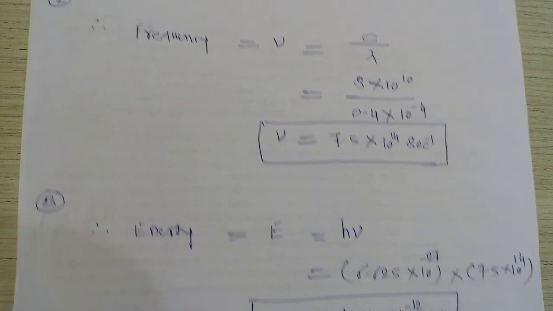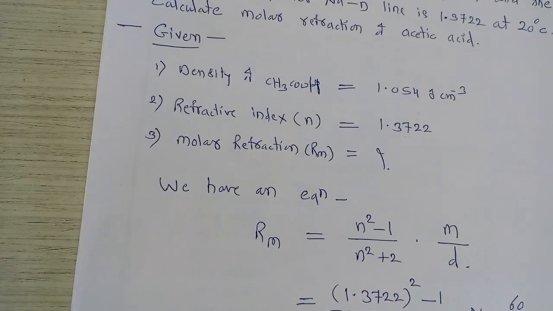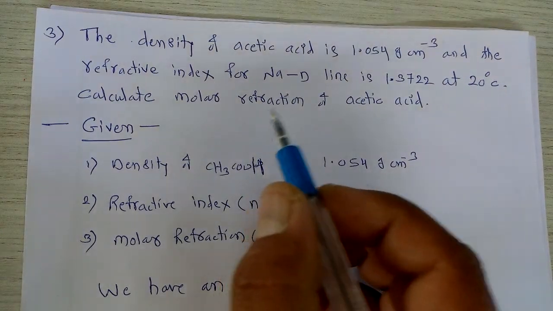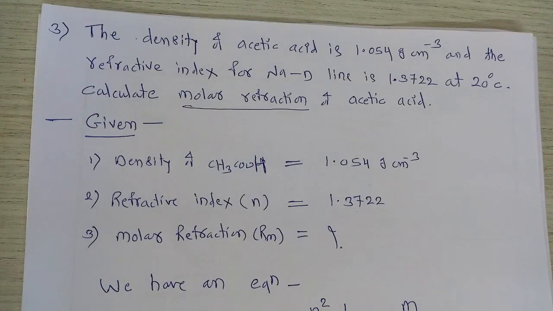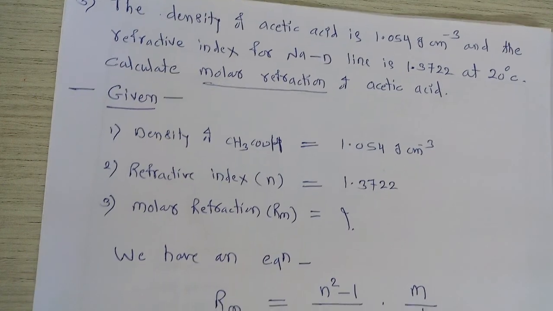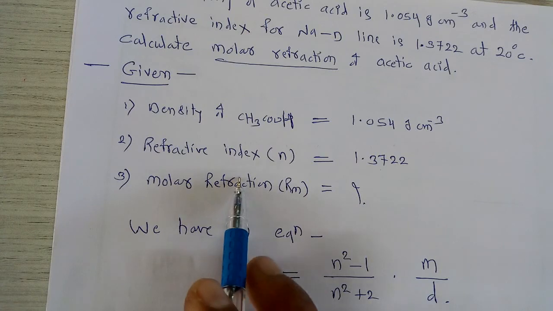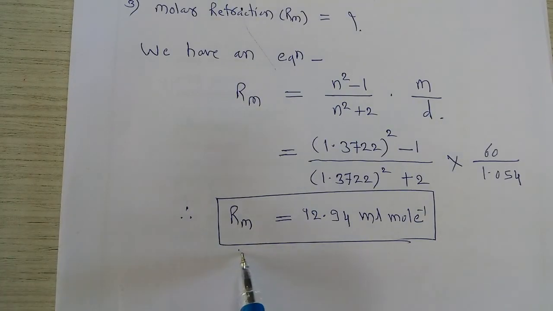So in the current lecture, we took two different types of numericals. The first numerical consists of the calculation of molar refraction for acetic acid with the help of the given data, that is the density and refractive index of the molecule.